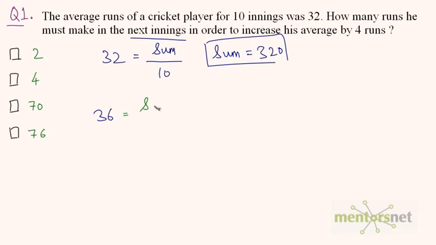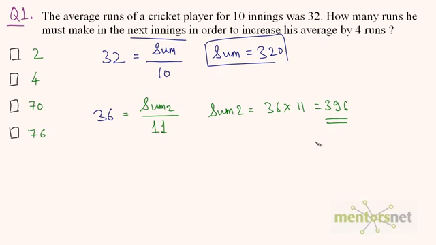The sum is the sum of runs for 11 innings, so let's name this sum 2, divided by the number of innings, which is 11. So sum 2 is equal to 36 times 11, which is equal to 396.